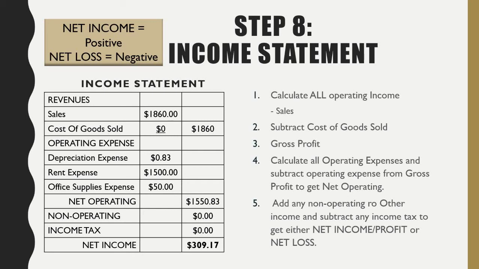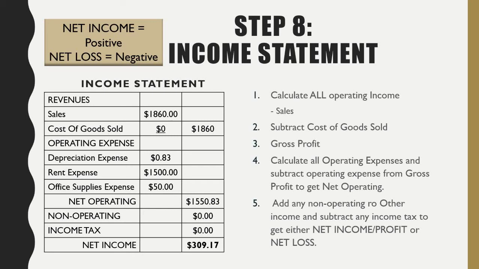Okay. Anything else that affects the income statement will be any other income or any non-operating expenses. Okay. So remember, those are going to be placed at the very bottom. That will either increase your account or decrease your account, right? Other income will increase, non-operating expenses will decrease.